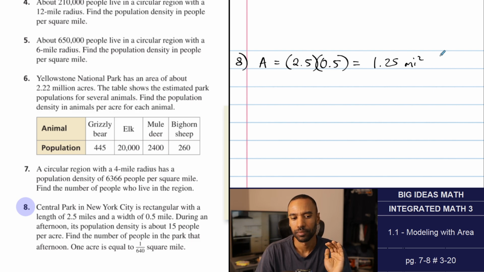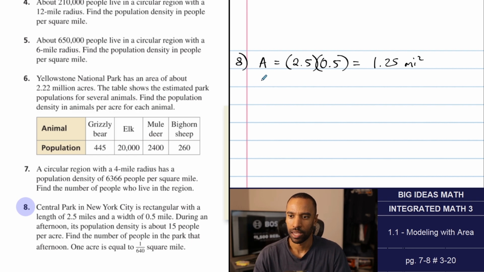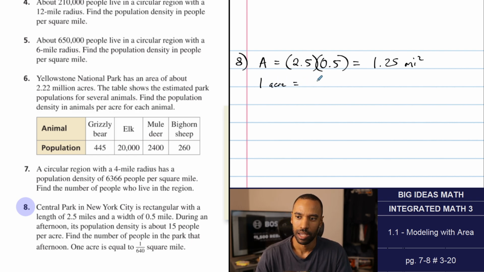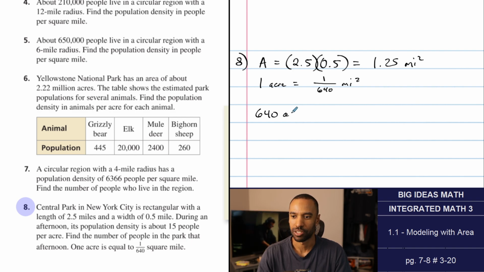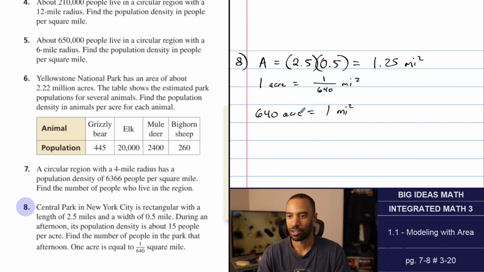So if 1 acre is 1/640th square miles, then how many acres is this many square miles? 640 acres, basically, is 1 square mile. Let's just write it that way. 640 acres is 1 square mile.